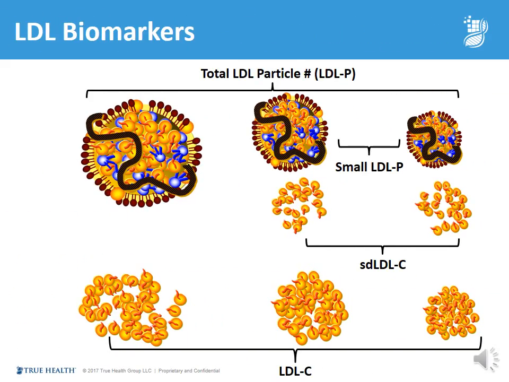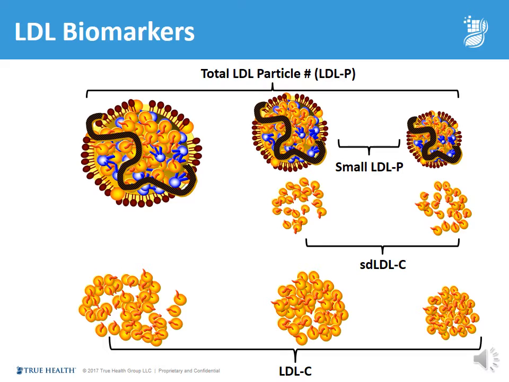Let's delve a little deeper into LDL biomarker assays and terminology. You see on the graphic here 3 LDL particles, larger, intermediate size, and smaller. And you see variable amounts of cholesterol. So a total LDL particle count using NMR provides the number of LDL particles in nanomoles per liter.